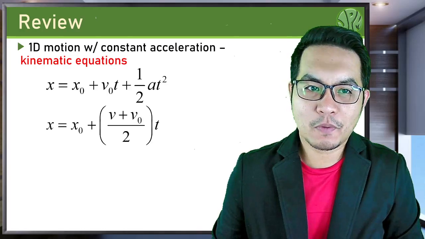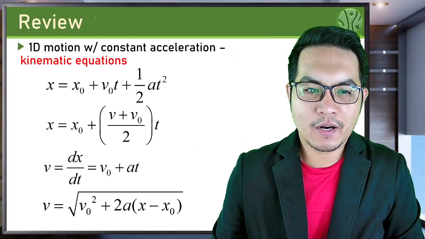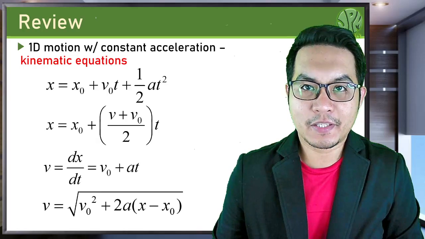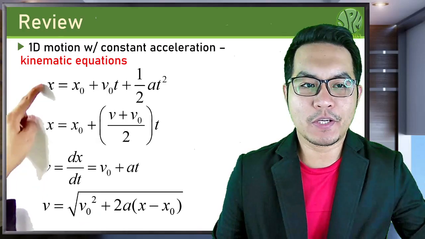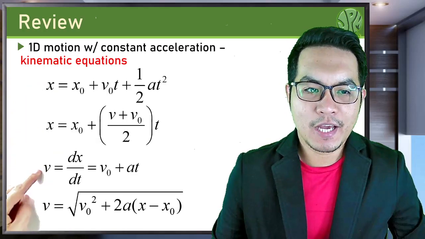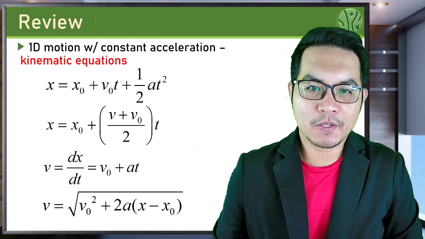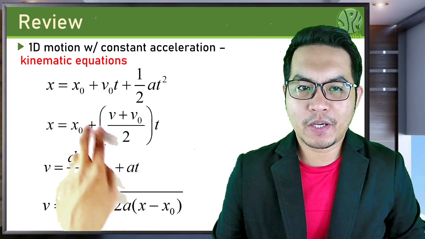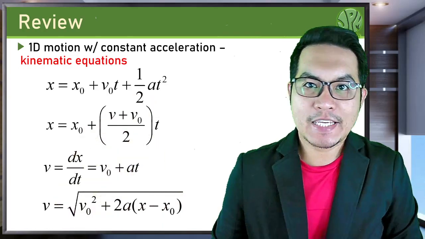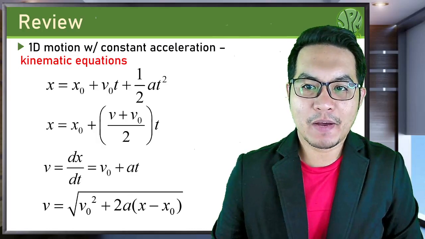This is the other one. And the last two are for determining the final velocities. The first two equations are for determining the final positions, and the final two are for determining the final velocities. But of course, you can solve for any variable that is in that equation. So these are the four linear kinematic equations.